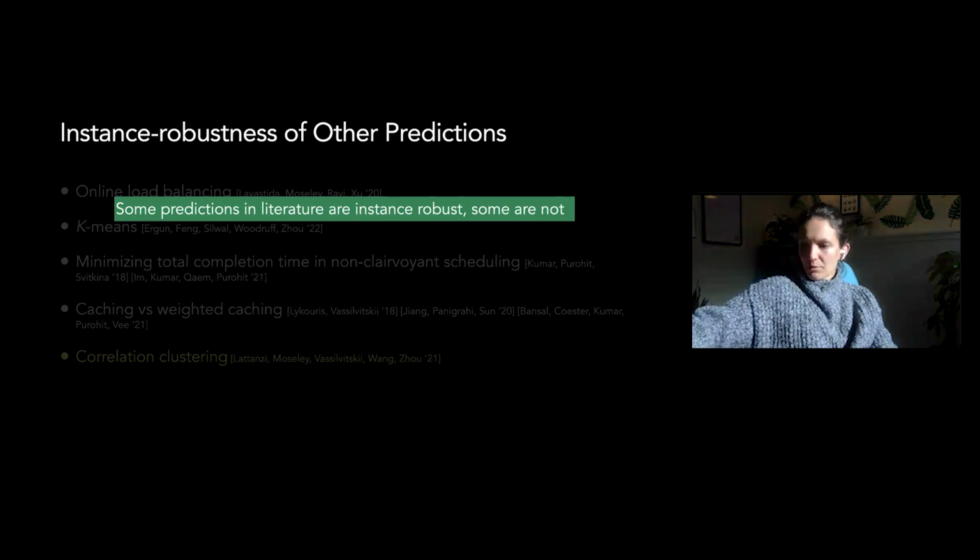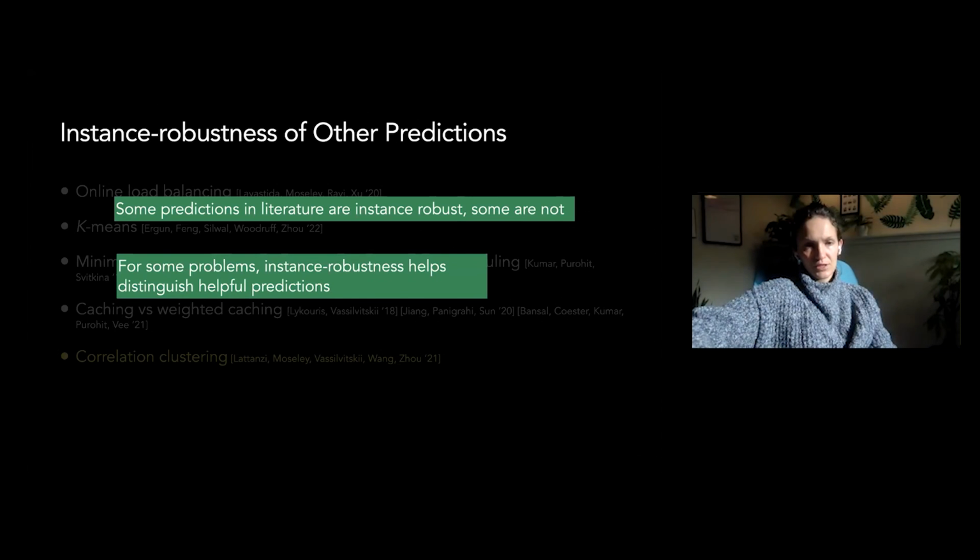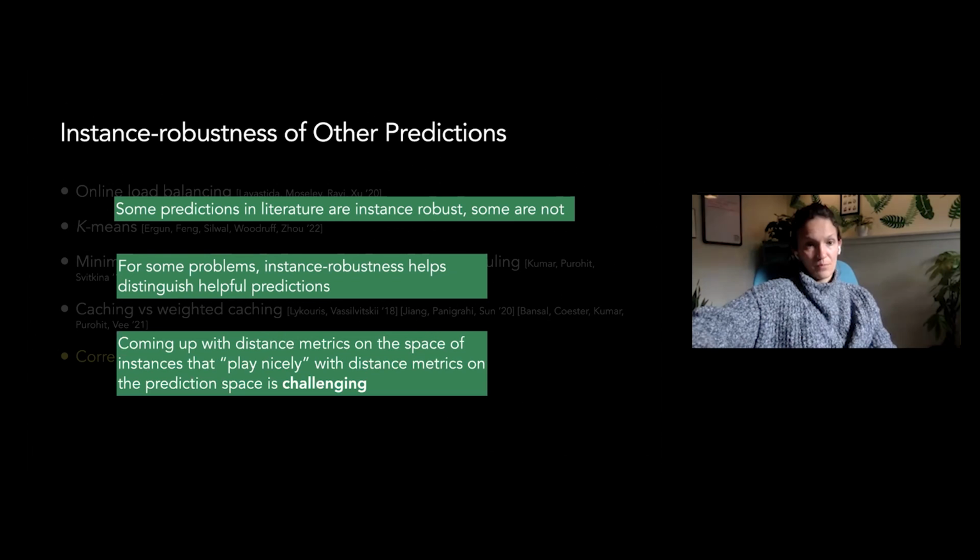So yeah, I skipped over the past few slides just for the sake of time, but all I want you to get out of these examples are the following. That some predictions in the literature are instance robust and some are not. For some problems, instance robustness helps distinguish helpful predictions.